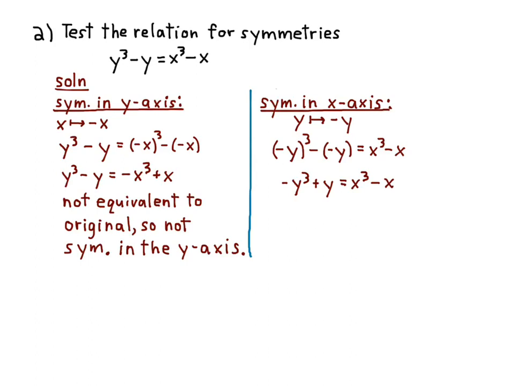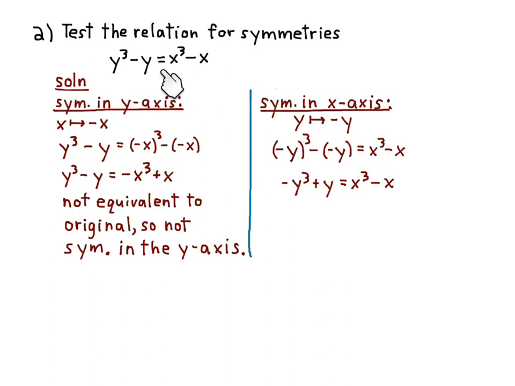Now we've got this thing where the right-hand side of the original is the same as the right-hand side of my new relation. But the left-hand side is the opposite. And so you can't make both sides the same as the original using proper algebraic methods.